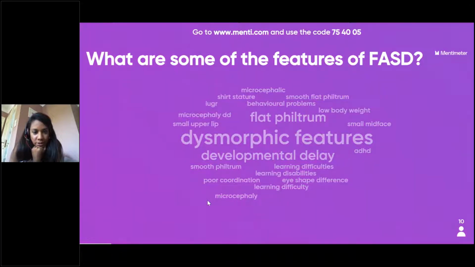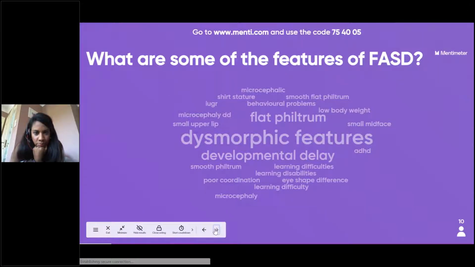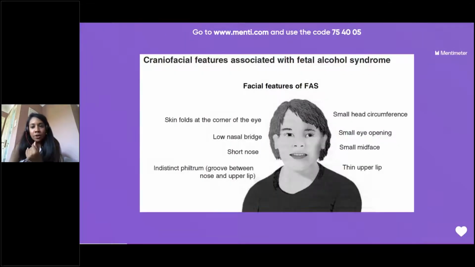Right, so I'm going to move on to the next slide now. This might be some of the things that you think of when you think about fetal alcohol syndrome or fetal alcohol spectrum disorder.